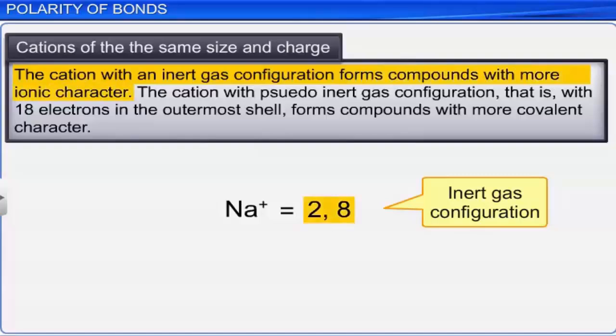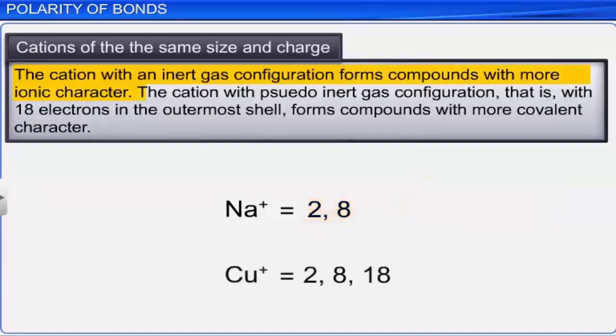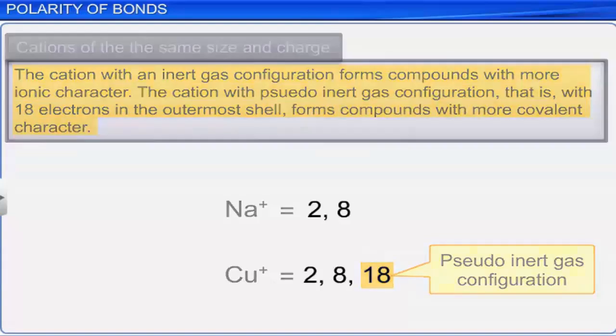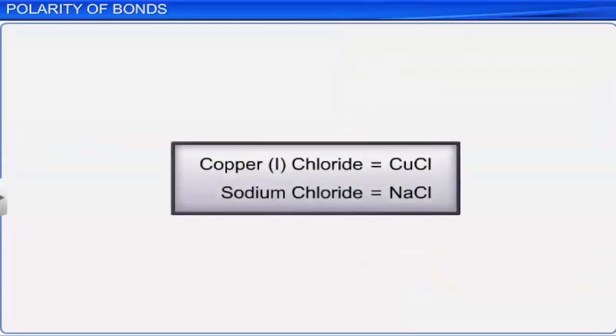The cation with pseudo-inert gas configuration, that is, with 18 electrons in the outermost shell, forms compounds with more covalent character. For example, copper 1 chloride is more covalent in nature as compared to sodium chloride.